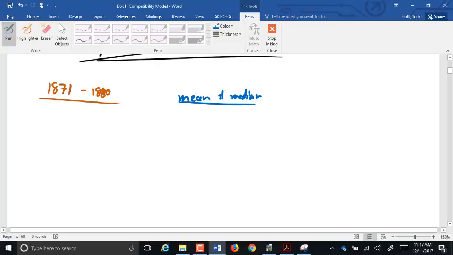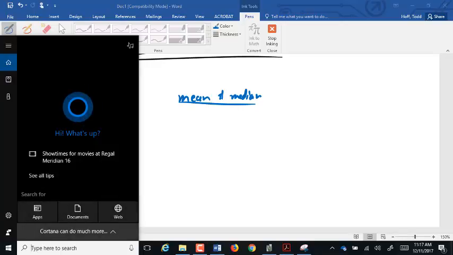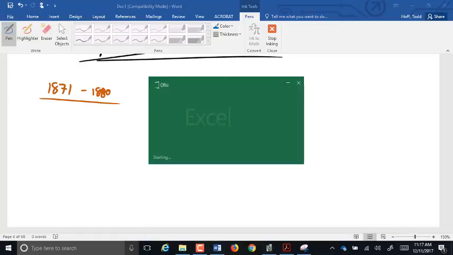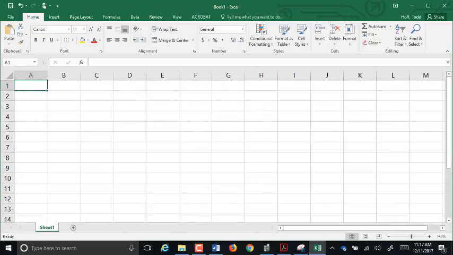So this is actually the next, it's after the graph, there's a table there. And I'm going to pull up Excel so that we can arrange this in Excel a little bit. So we have here the 1871 through 1880 table.